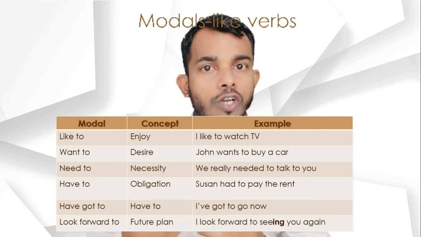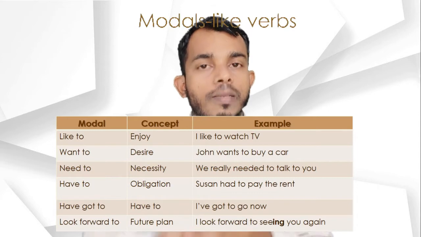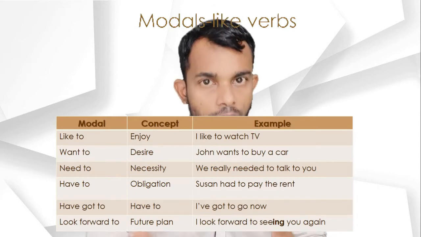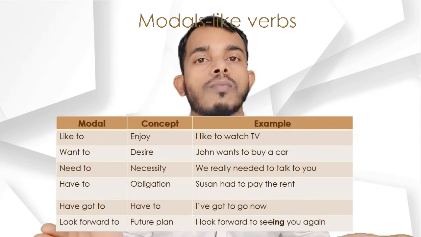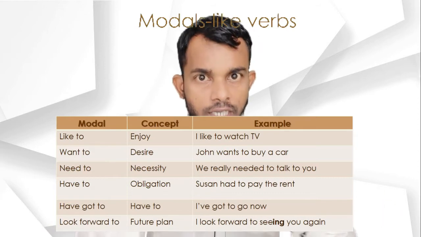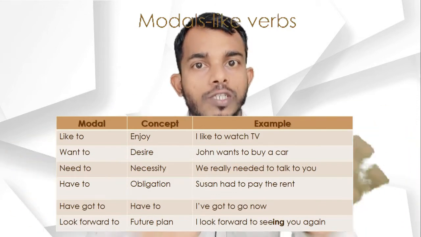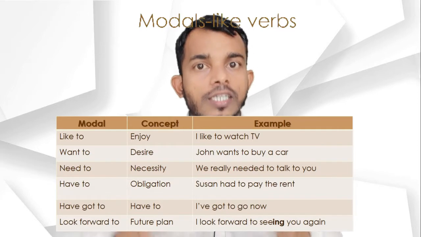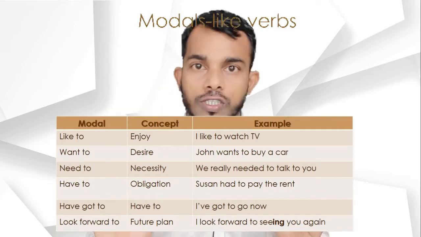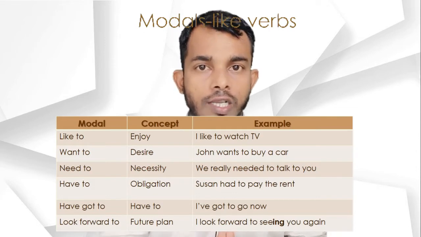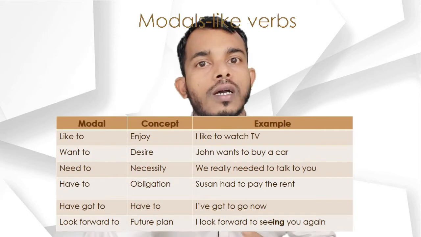We said conjugation is not possible for modals, but these are not real modal auxiliaries; these are verbs showing the characteristics of a modal auxiliary. Understand? Please understand the difference. That is why we just mentioned them in this class. That's all.